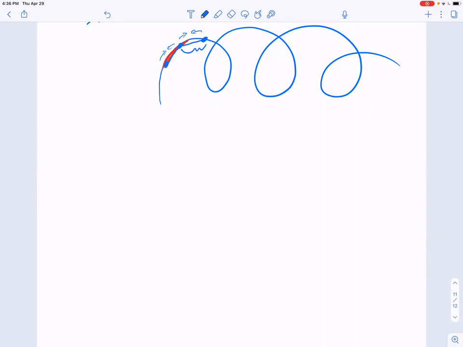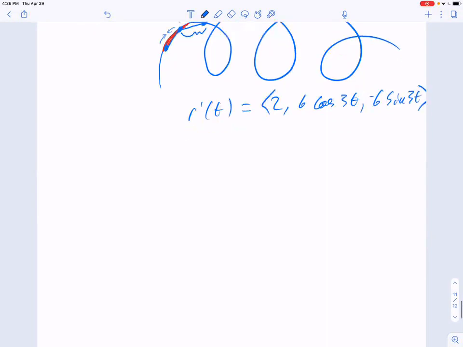And so how do we do this? First, we have to find the velocity. So r prime of t is equal to 2, 6 cosine 3t, and minus 6 sine 3t, okay? And now we have to take the magnitude.